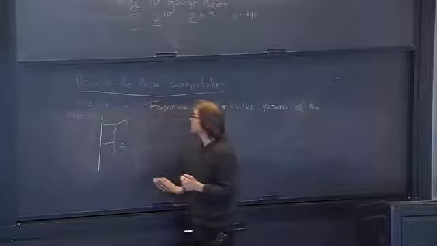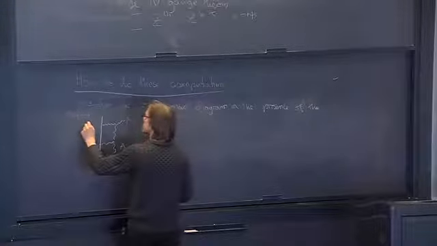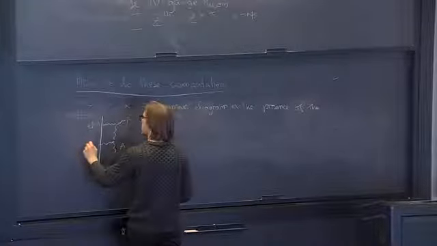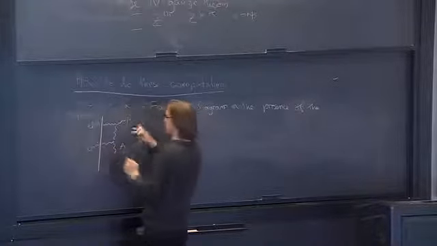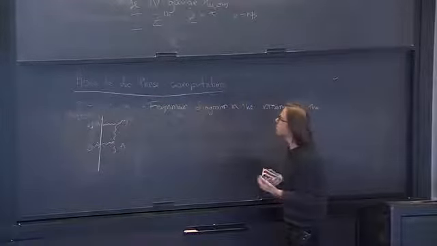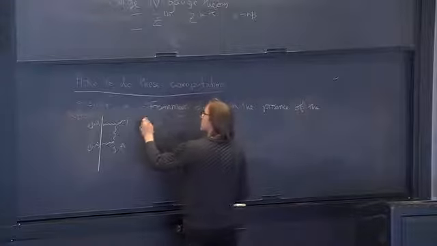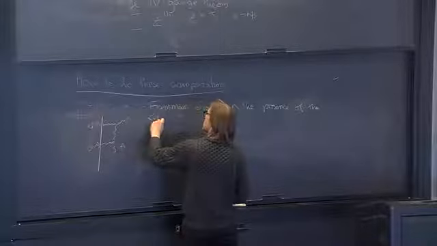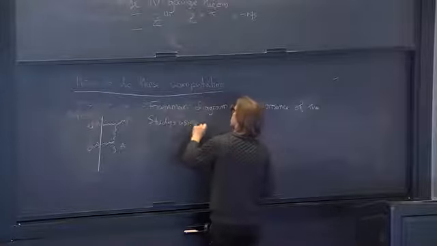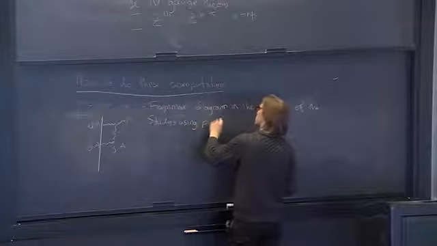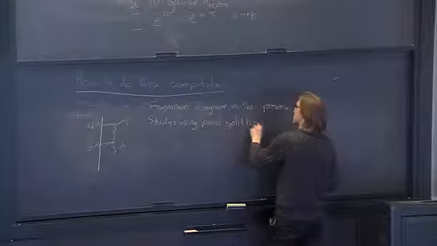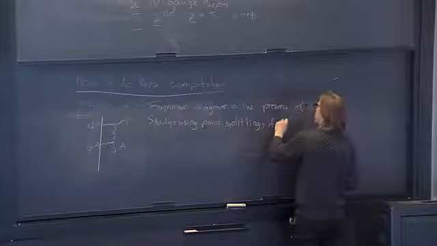So this is an example of a diagram where on the vertices here, t0,0, t0,0. This is an example of a diagram that will contribute an anomaly. So study, maybe using a point splitting regulator, if there is an anomaly.